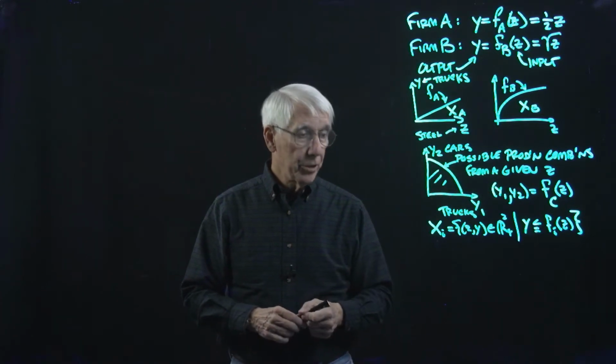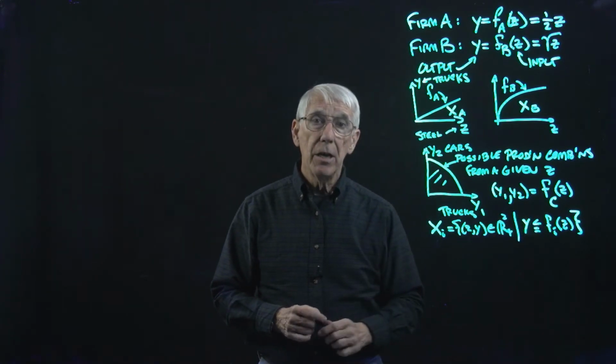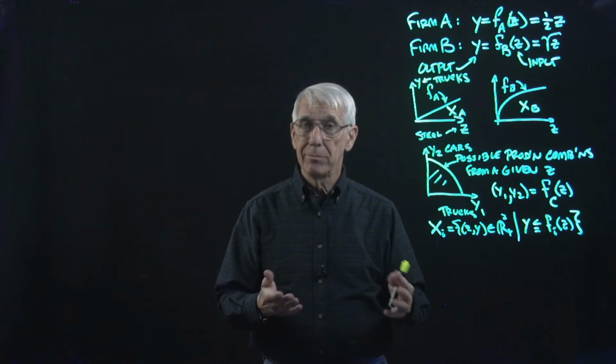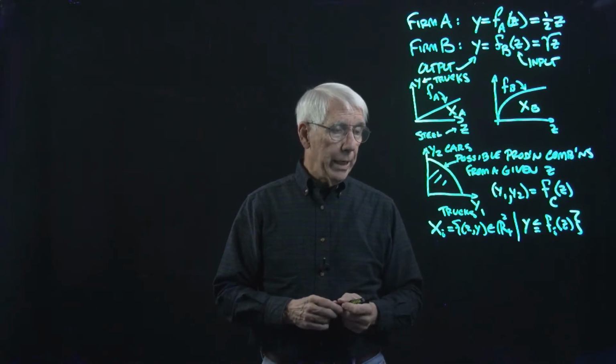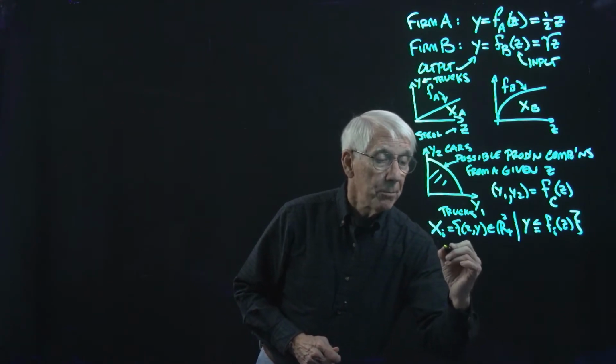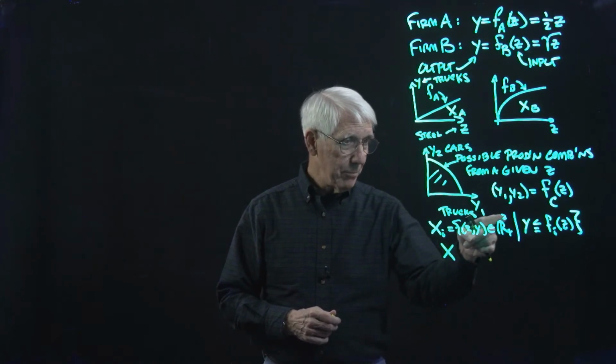And the way we'll do that is now without using these production functions, but instead using these production possibility sets, input-output sets, we can aggregate across the firms by simply saying capital X now in the same space.